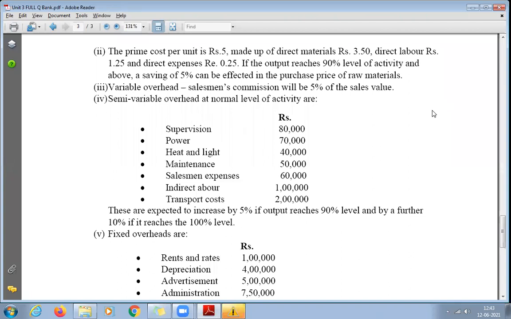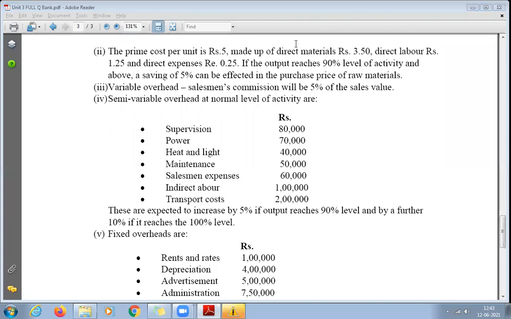Fourth one, semi-variable overhead at normal level of activity are supervision 80,000, power 70,000, heat and light 40,000, maintenance 50,000, salesman expenses 60,000, indirect labor 1 lakh, transport cost 2 lakh.